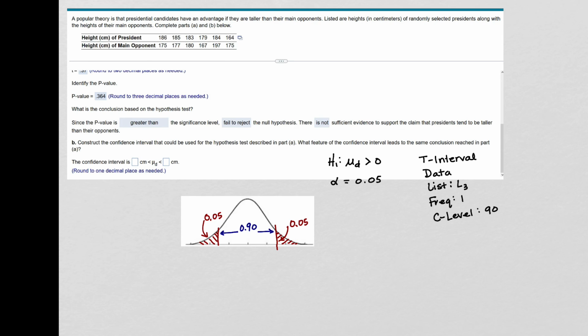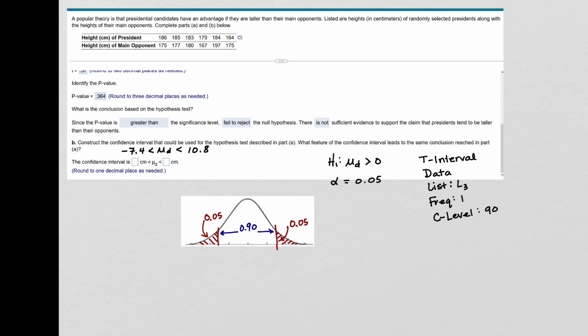And we get our confidence interval, which is going to be negative 7.4 centimeters is less than mu sub d, which is less than 10.8. So if we round that to one decimal place, that's what we get. So there's my confidence interval.